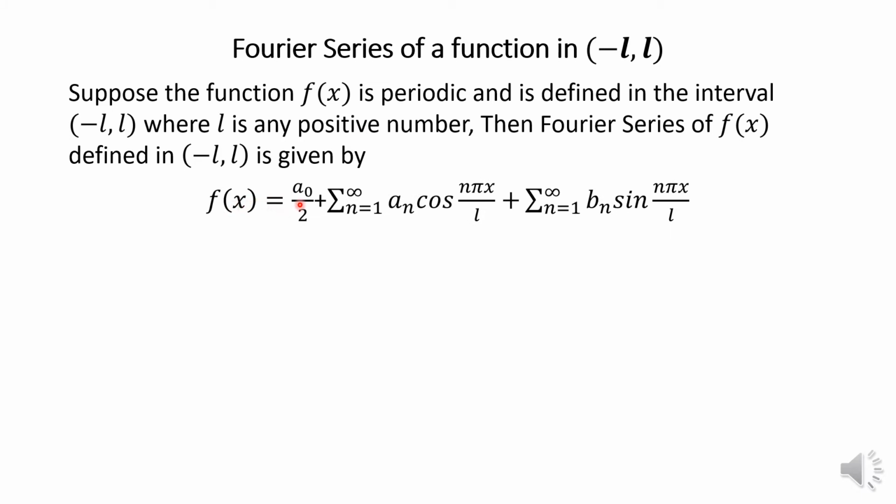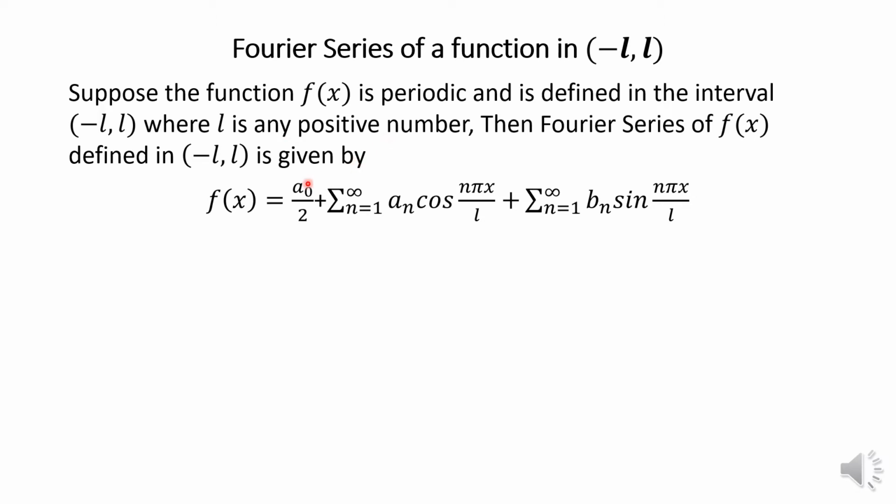f of x is equal to a naught by 2 plus sigma n is equal to 1 to infinity a n cos n pi x by L plus sigma n is equal to 1 to infinity b n sin n pi x by L. This is the Fourier series expansion of the given function f of x, which is defined in the interval minus L to L, where L is any positive number which is called the period of the given function.